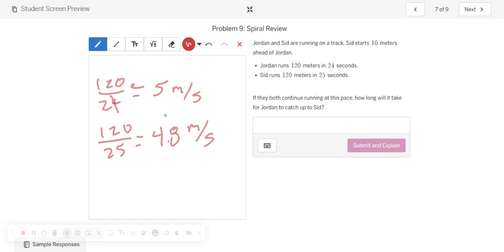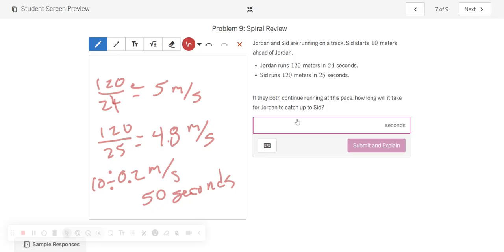So that's 0.2 meters per second difference. And then it says that Sid gets a 10-meter head start. So if I do 10 divided by 0.2, 50 seconds. It's going to take Jordan 50 seconds to catch up.